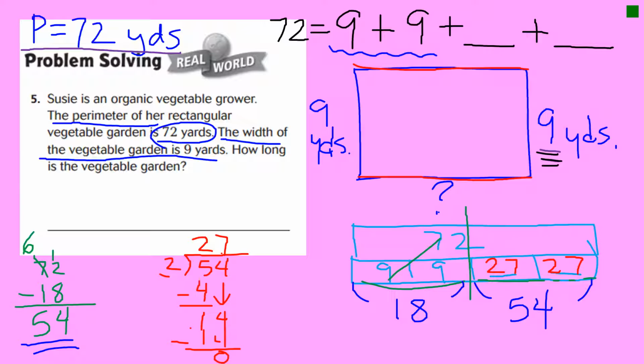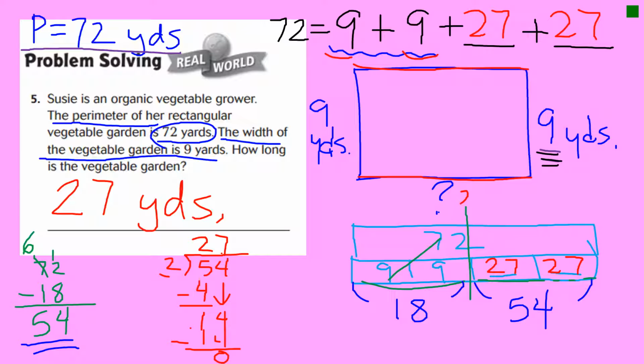So the length of Susie's vegetable garden is 27 yards. All right, 9 plus 9 plus 27 plus 27. 27 and 27 yards, of course.